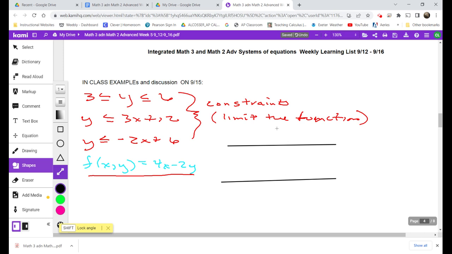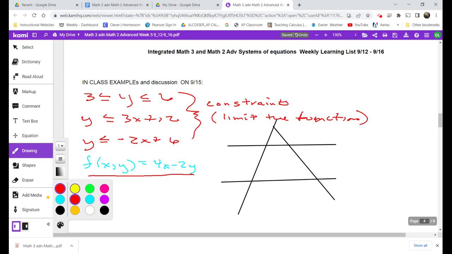And it's going to come down like this. Like that. Okay? And the shaded region is in between. Let me get rid of that. Go to drawing. The shaded region is everything in here.